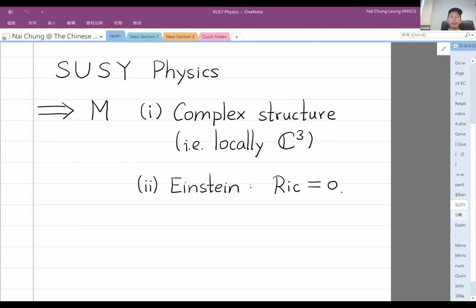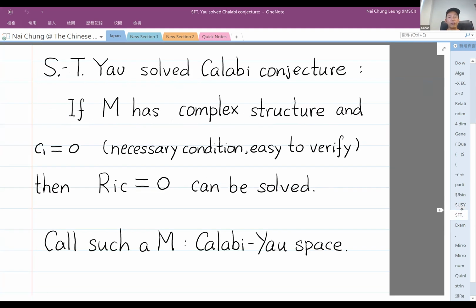So if you already start with a complex manifold with a metric, and if C1 is 0, then you can solve it. Now, what is this C1 equals 0? This first Chern class being 0 is really a topological condition. It's a necessary condition. If you look at the average condition on the Ricci curvature, it will force C1 to be 0. So this is a necessary condition.